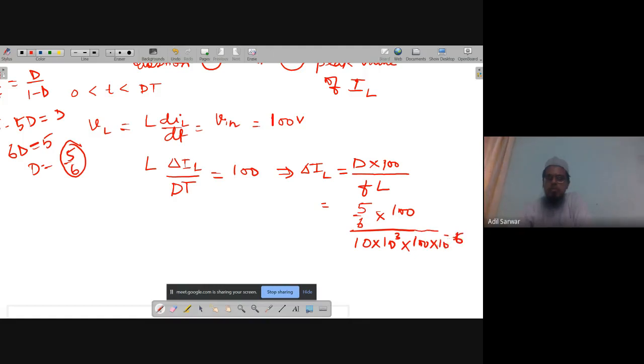If you calculate it, it will come out to be 83.33 amperes. That is the peak value of the inductor current, which is also equal to the ripple in the inductor current.